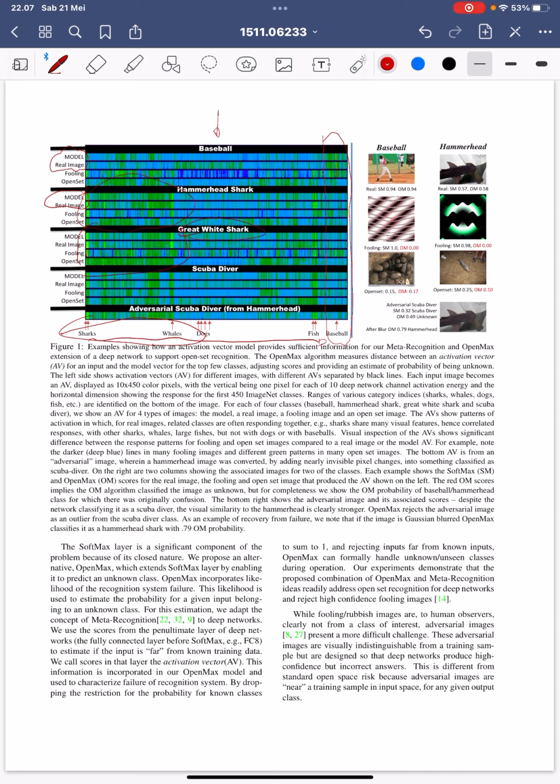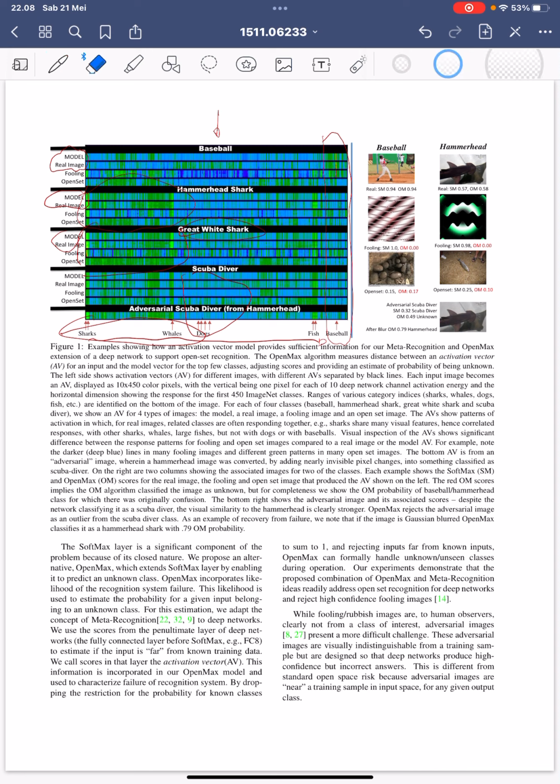So we can see that two classes provide quite similar activation scores in the model and real images. Also the scuba diver is active in many places, but not in the dog's area.